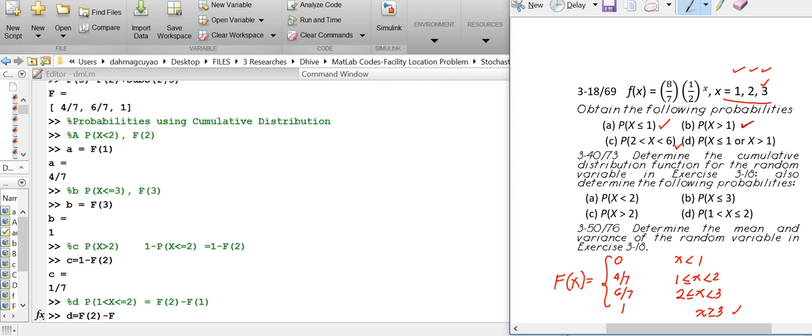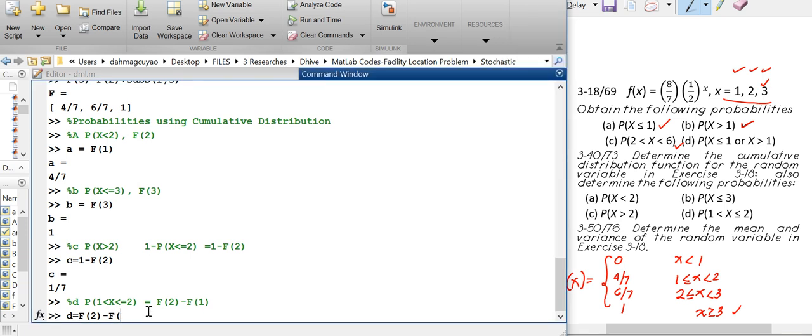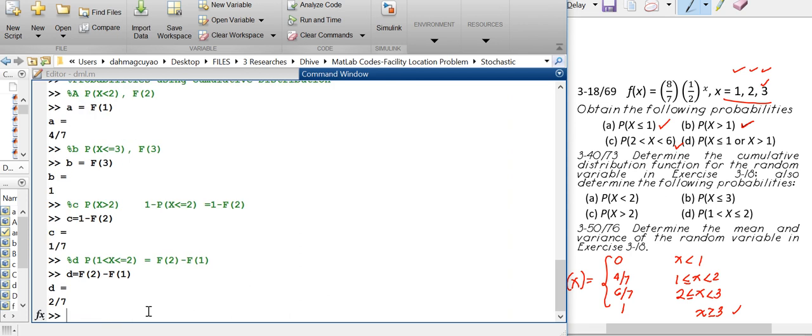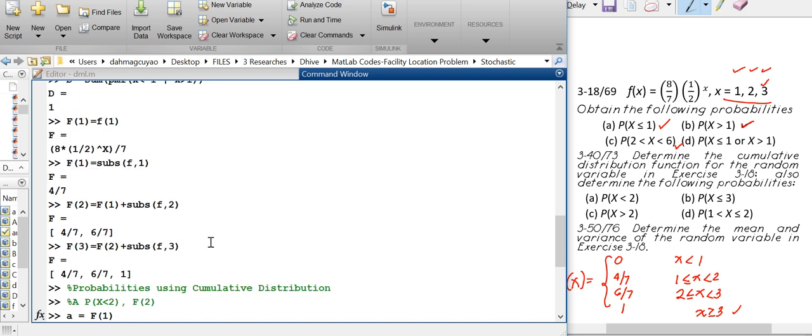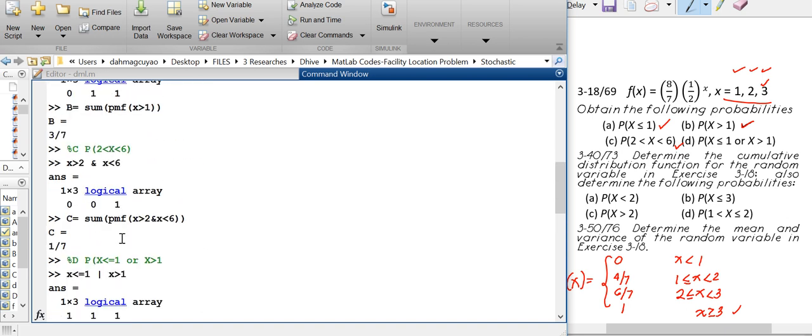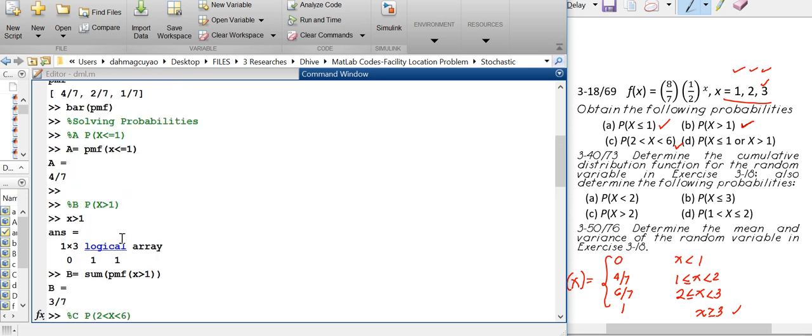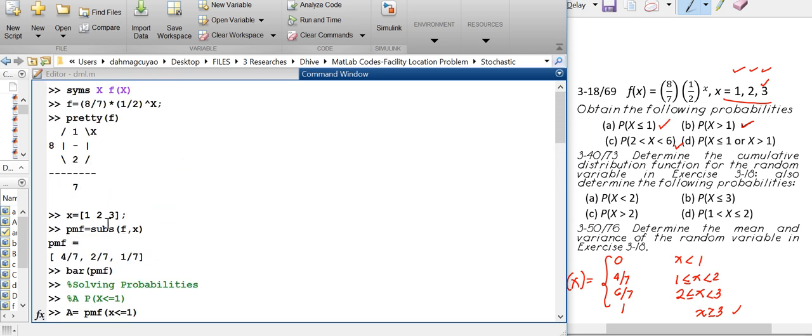So this is f of 2 minus f of 1. So that is 2 over 7, from our probabilities, the second one.